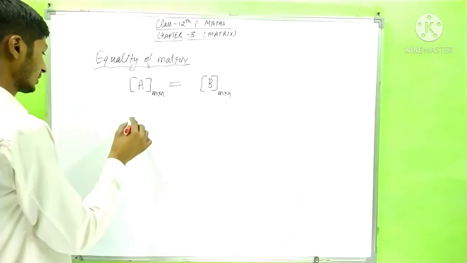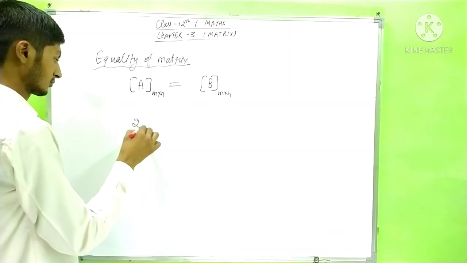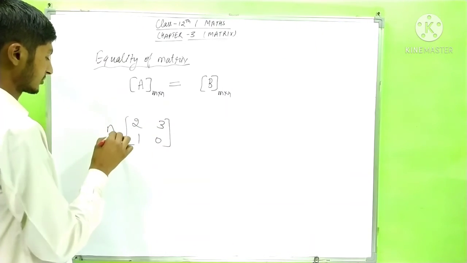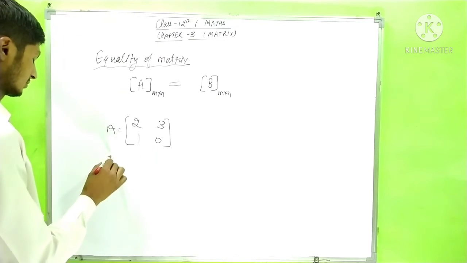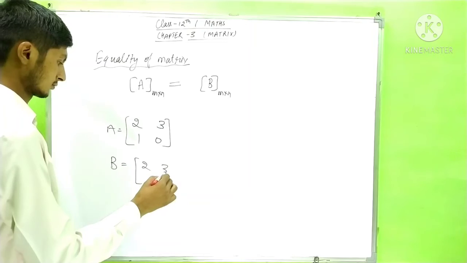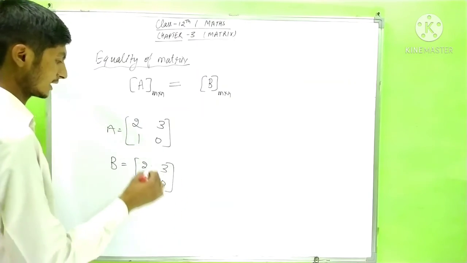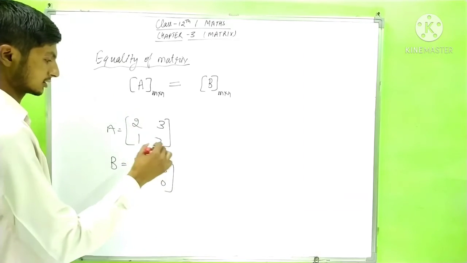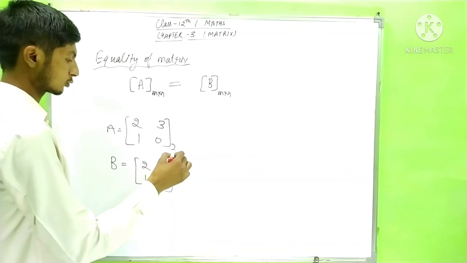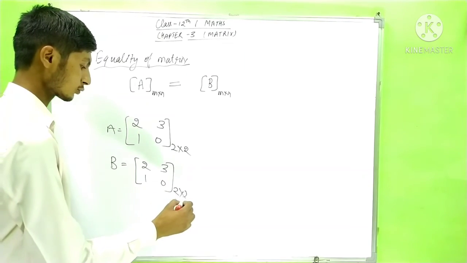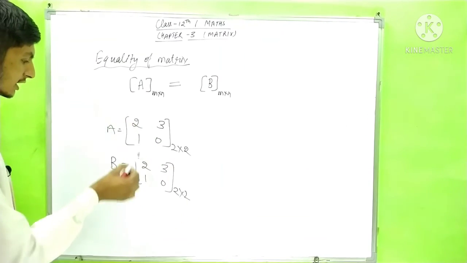For example, this is matrix A and this matrix is B. So we can say that the order of matrix A is 2 by 2 and the order of matrix B is also 2 by 2, and their corresponding elements are the same.